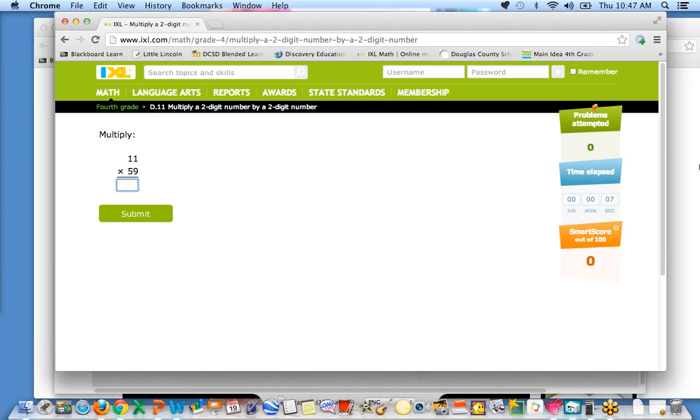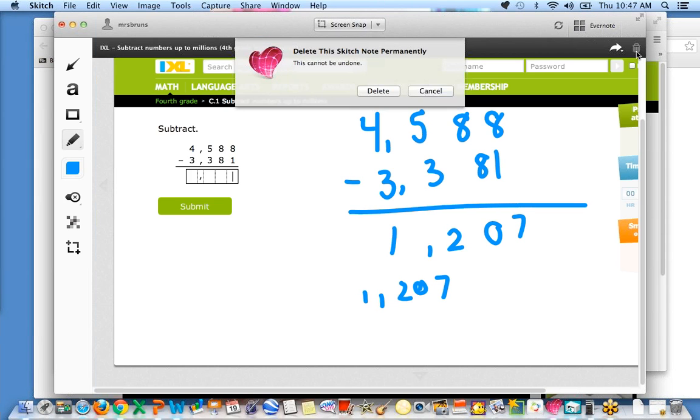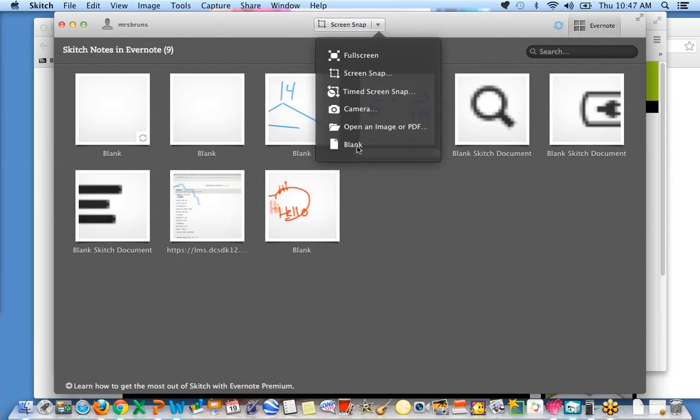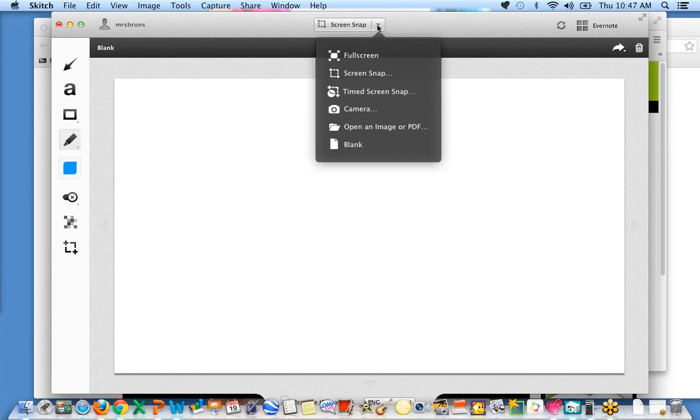First things first, I'm going to try really hard to get my screen to let me write on it and not look so bad. So give me a second. Actually maybe it'll work better if I just do it like this. So our problem, and you can work this out with me as I'm writing it, was 59 times 11.